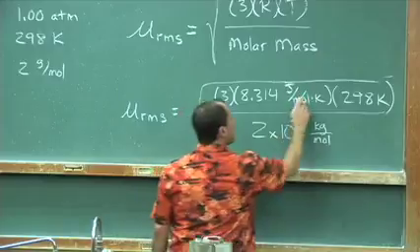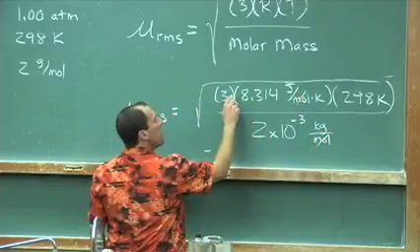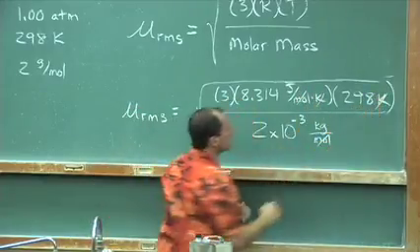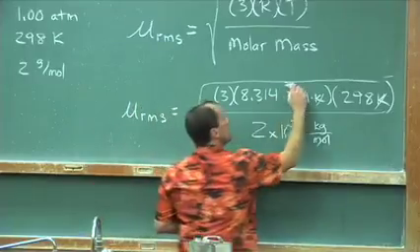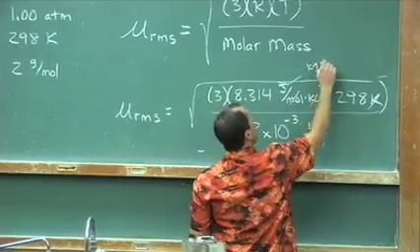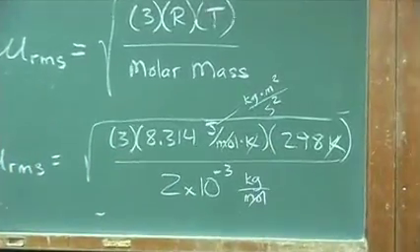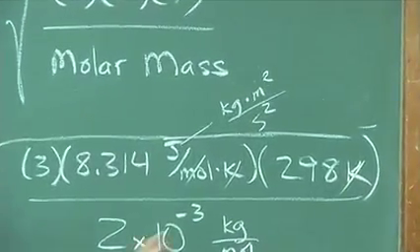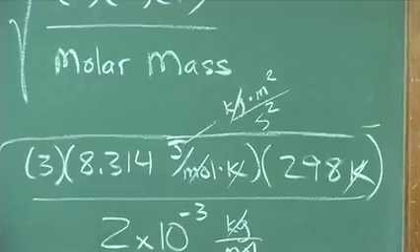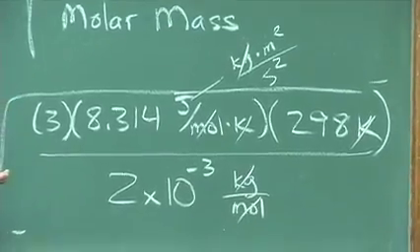The moles will cancel. Let's see, the kelvins will cancel. A joule is a kilogram meters squared over seconds squared, a unit of energy you might remember from a high school science class. The kilograms will cancel, leaving us with the units of meters squared over seconds squared.